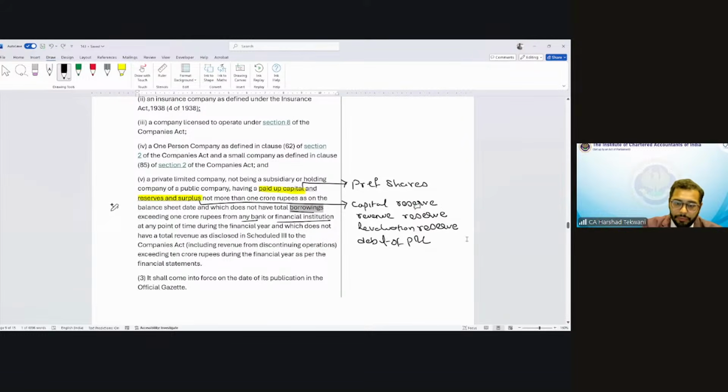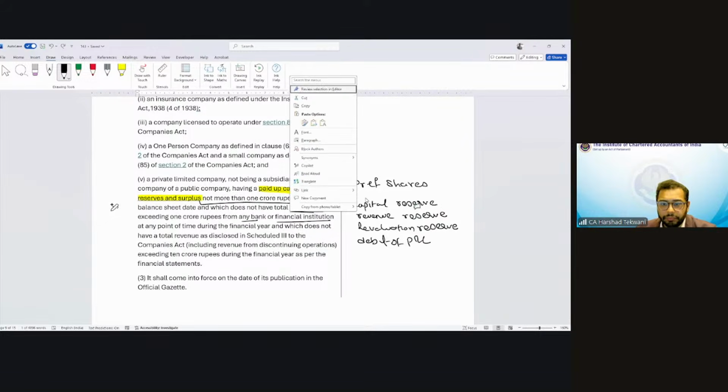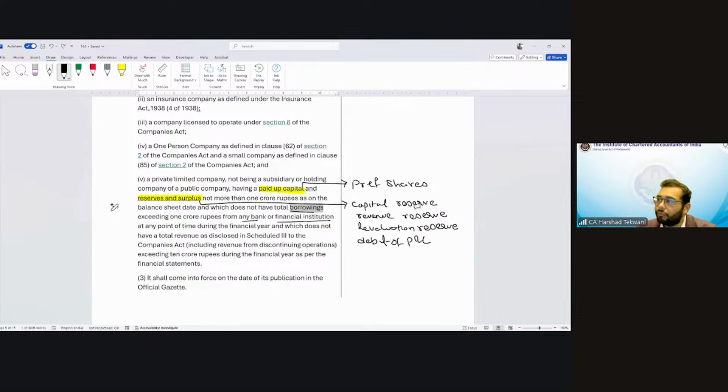Any other thing that I should include in the borrowings? Anyone else? What borrowing should be included? Debentures.